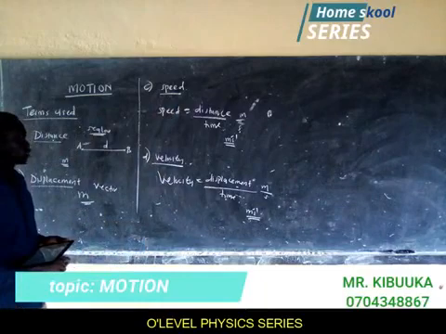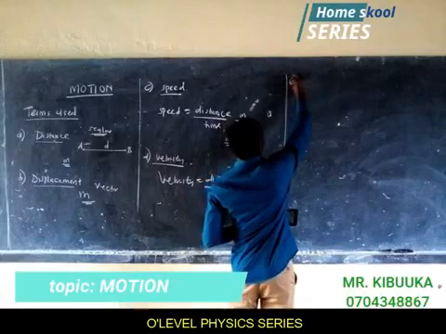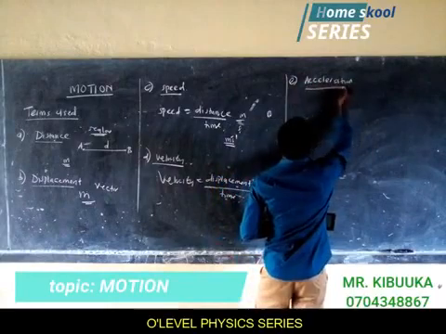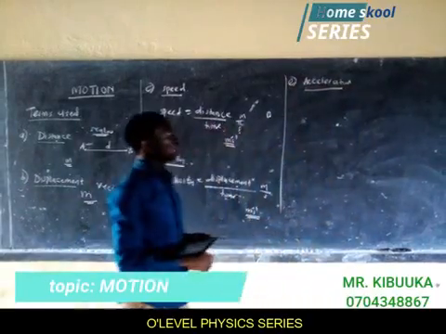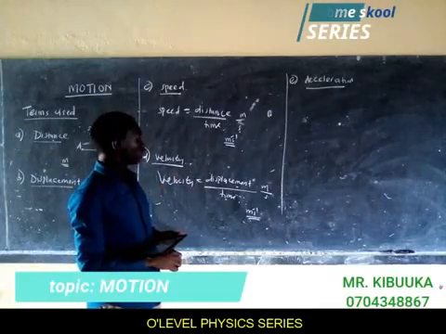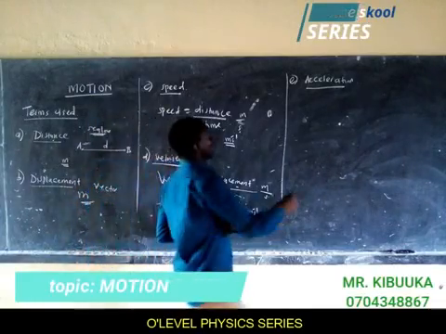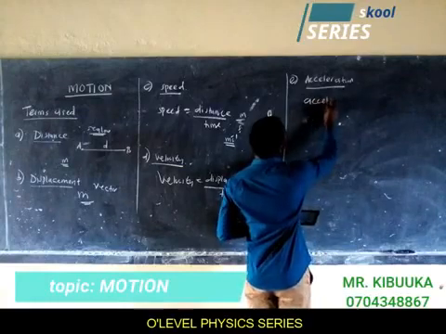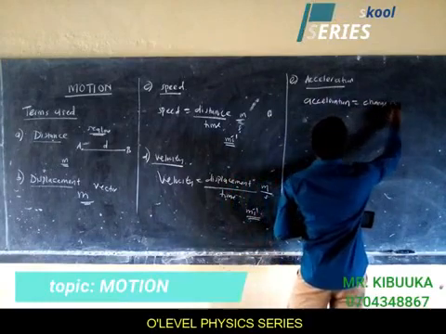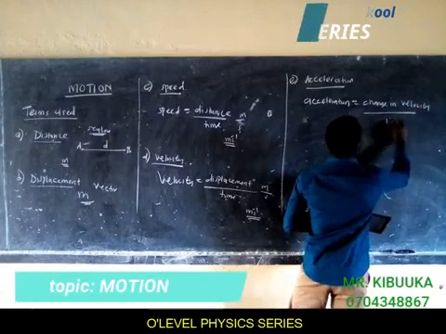And then our next term is acceleration. That is part E. Acceleration refers to the rate of change of velocity. That implies acceleration is given by change in velocity divided by time.